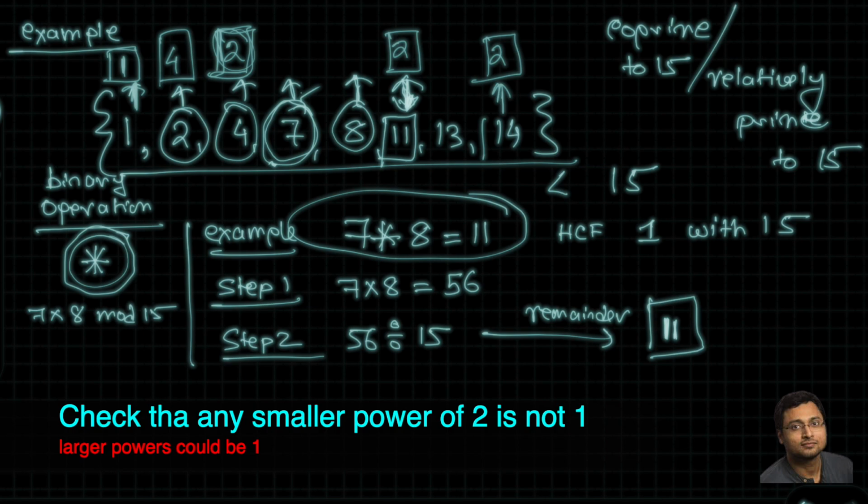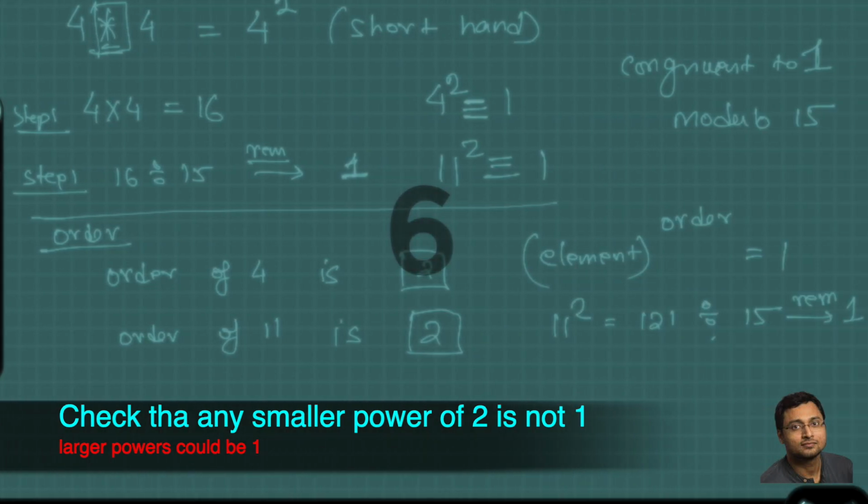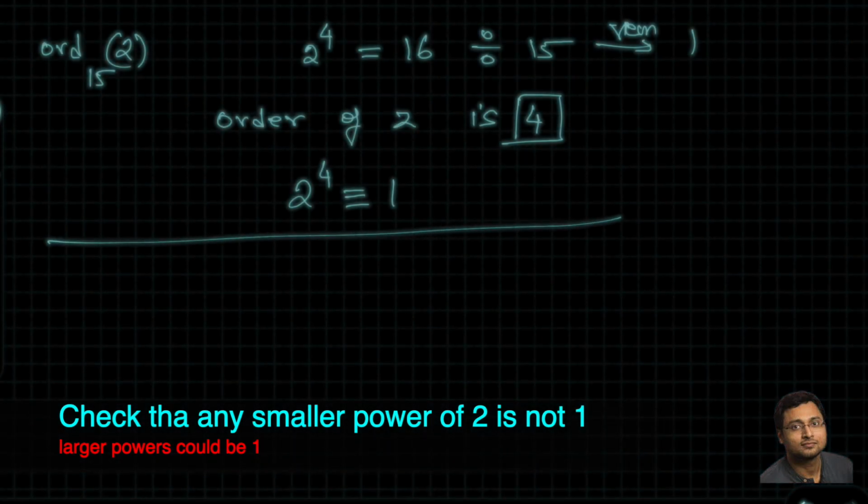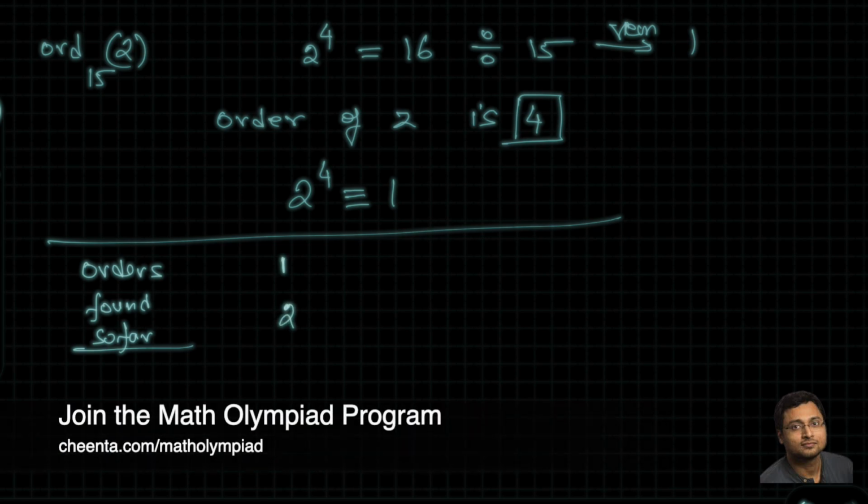Okay. So what do we get? I will ask you to find out the order of 7, 13 and 8 in the comment. Give it a try. And if you can find out, put it in the comment. But notice that the orders of the elements that we have found so far are 1, 2, 4.